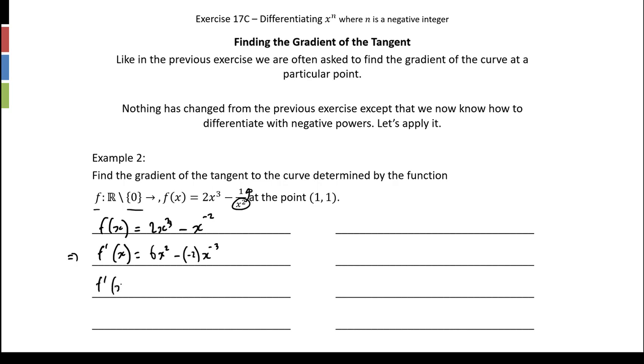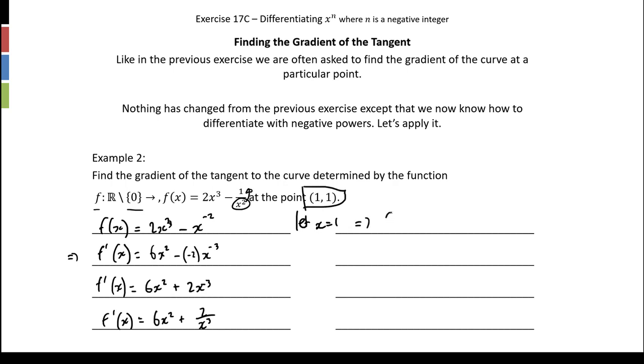We get f dash of x is equal to 6x squared plus 2x to the negative 3, equal to 6x squared plus 2 on x cubed, writing in terms of positive indices. Okay, let x equal 1 because we're finding at the point 1, 1.